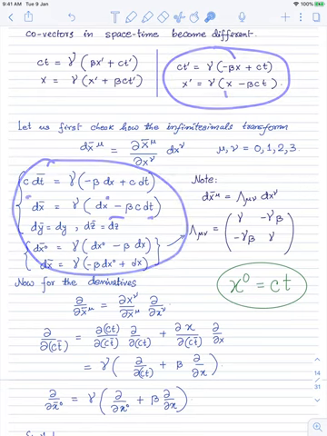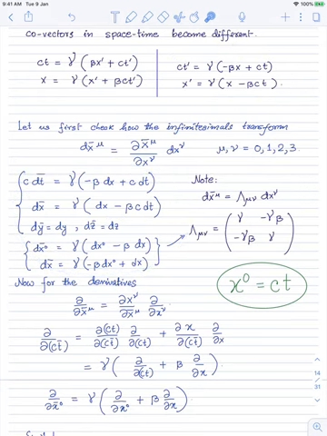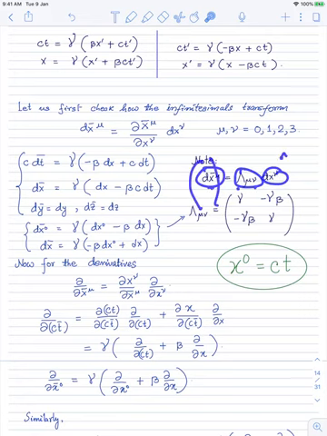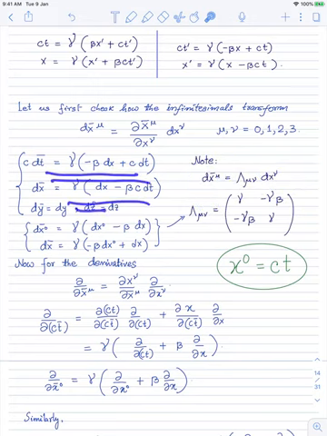Now this one I can also think of as a matrix, because here I have a mu, here I have a nu, and there's a matrix multiplying. This is a column, and this is a column, and this is a 2 cross 2 matrix. And that 2 cross 2 matrix, if I read it off from here, then I can clearly see that my first entry is basically gamma.